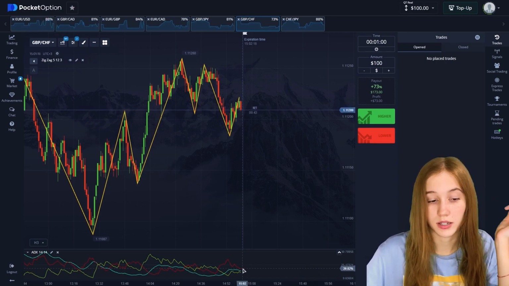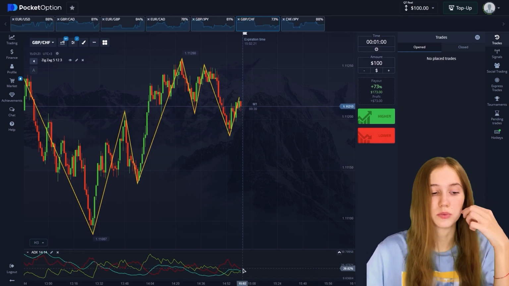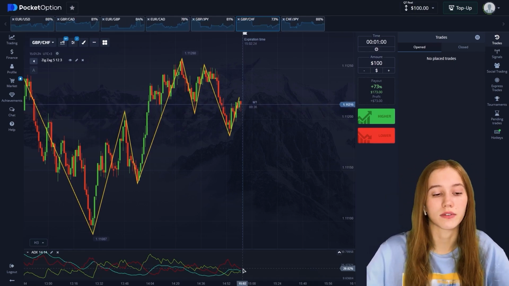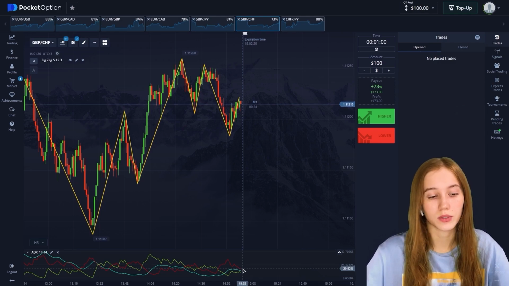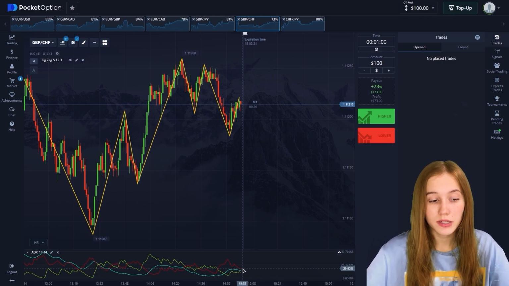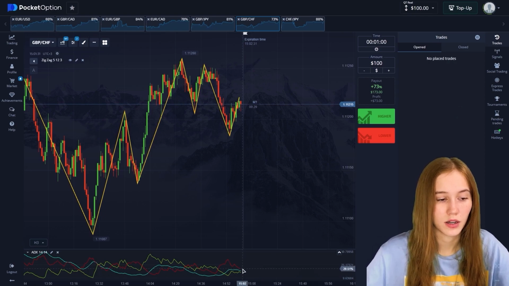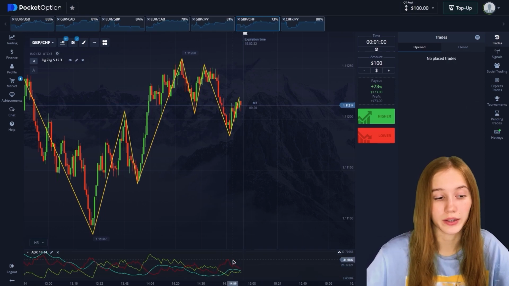ADX works on any instruments and at any intervals. It allows you to evaluate the strength of a trend at certain points in time. The stronger the trend movements, the higher the ADX line. The ADX value itself is indicated by this blue line.